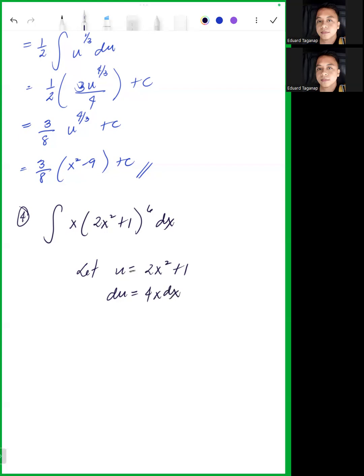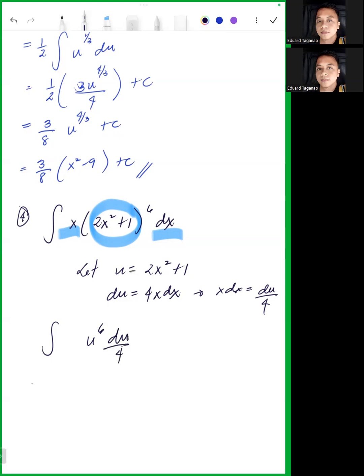As before, we try to transform the given. This becomes u, and x dx is what? From here, x dx is du over 4. Rewriting the given in terms of the new variable, we'll have the integral of u raised to 6, and x dx is du over 4.